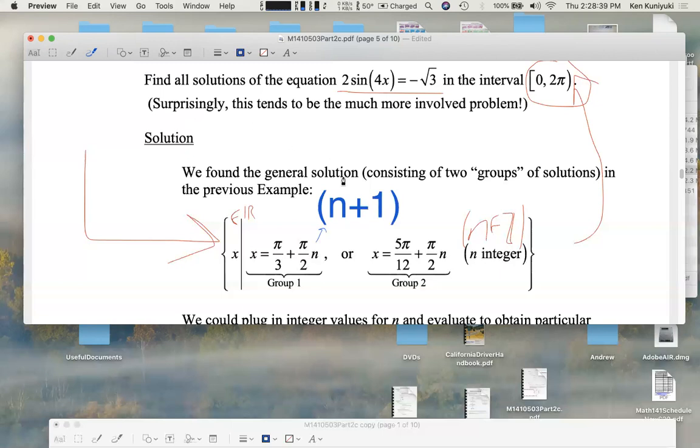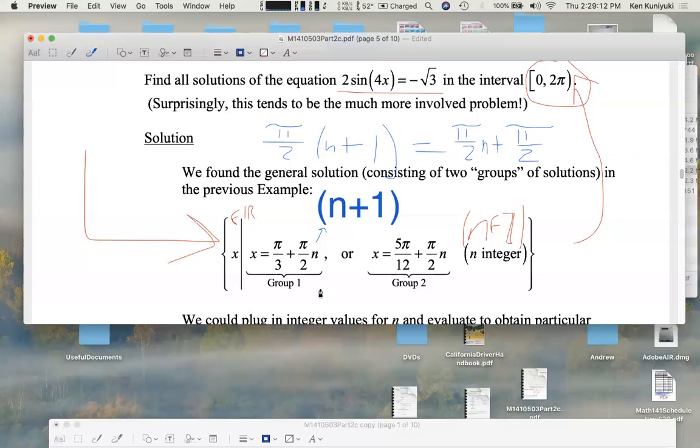So again, I'll write that out. If you replace n with n plus 1, if you have pi over 2 times the quantity n plus 1, when you distribute, what do you get? You get pi over 2 n, like what we have here, but you get another piece, plus pi over 2 times 1, plus pi over 2, which is an additional piece.